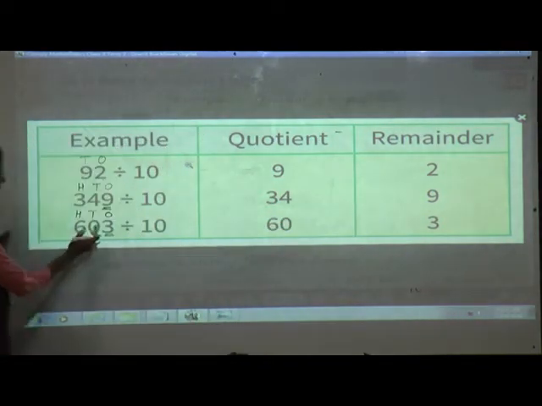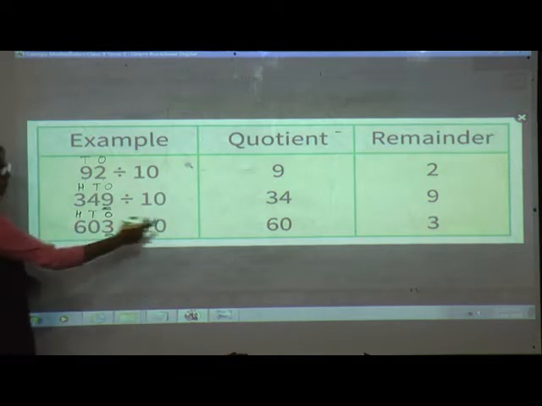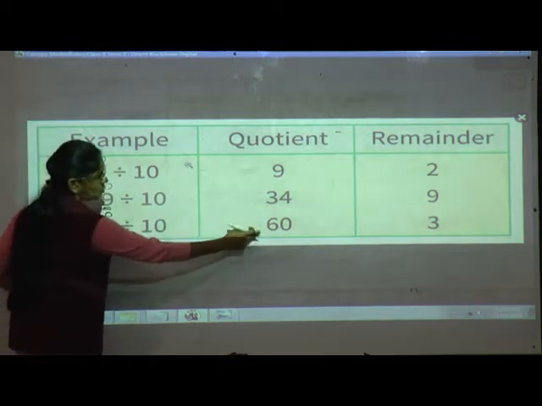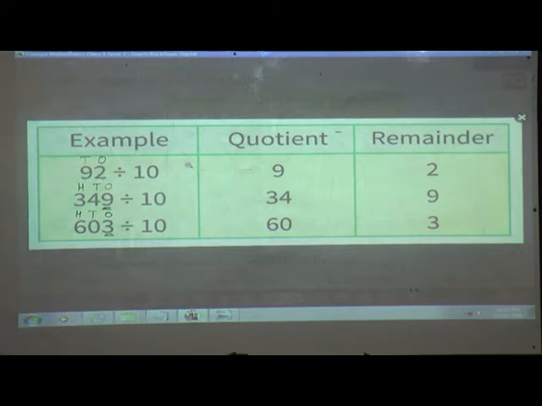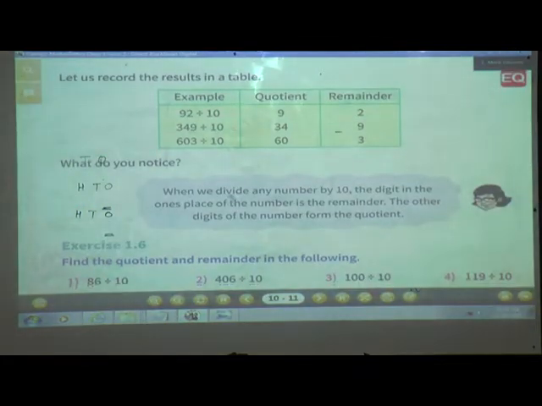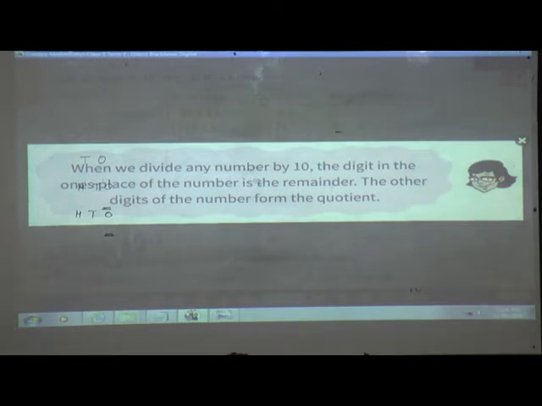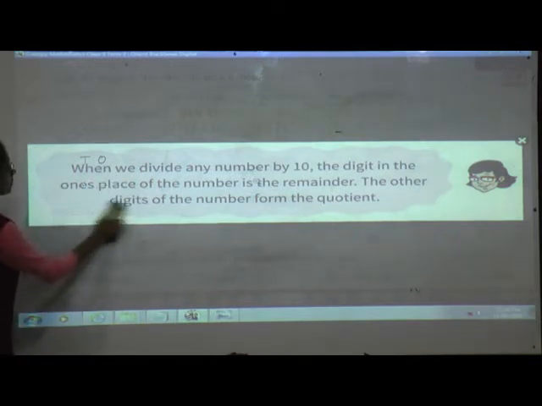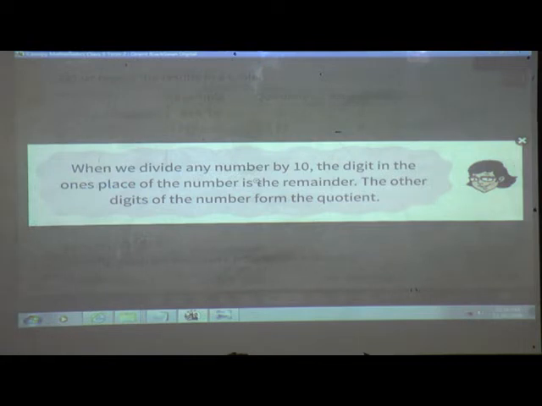And the remaining numbers, 60, will be the quotient, so here we got the quotient 60. Clear? So from this example we can say, when we divide any number by 10, the digit in the ones place of the number is the remainder and the other digits of the number form the quotient.